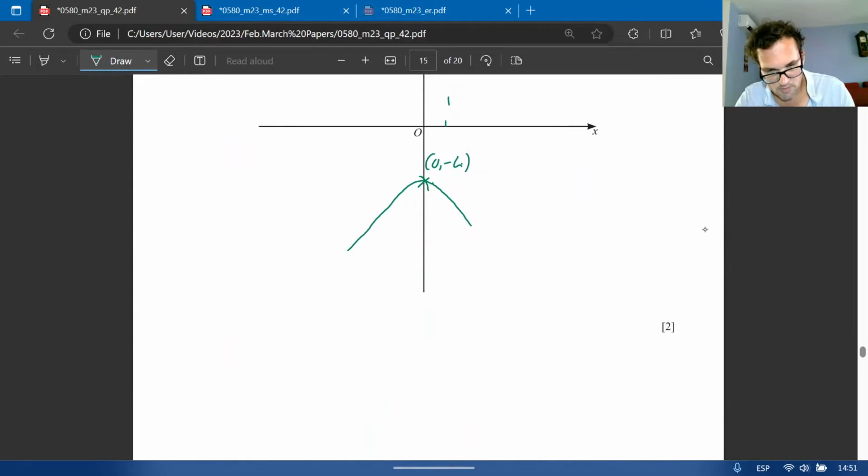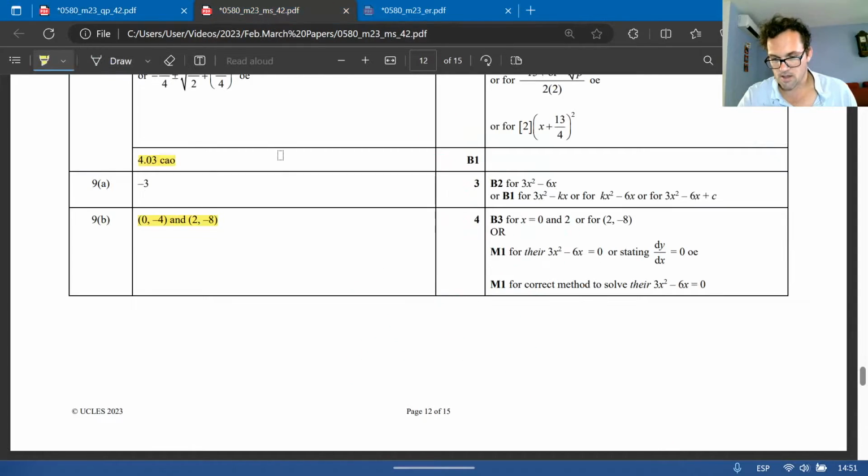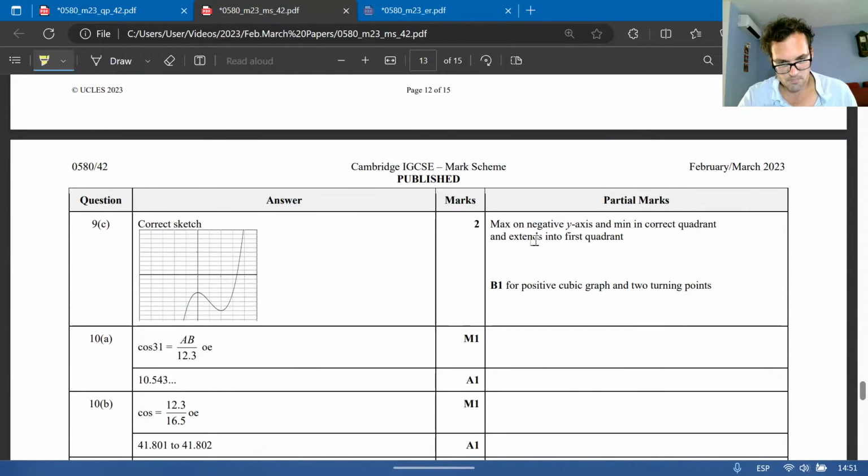So imagine if 2 is here and minus 8 is here, then it turns and goes up again. So this will be the point 2, minus 8. Something like that. Yeah, there we go.